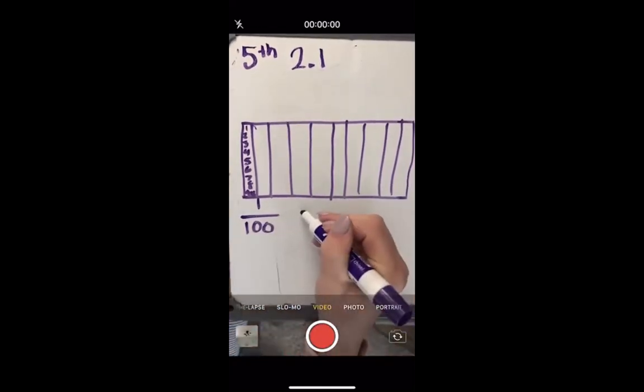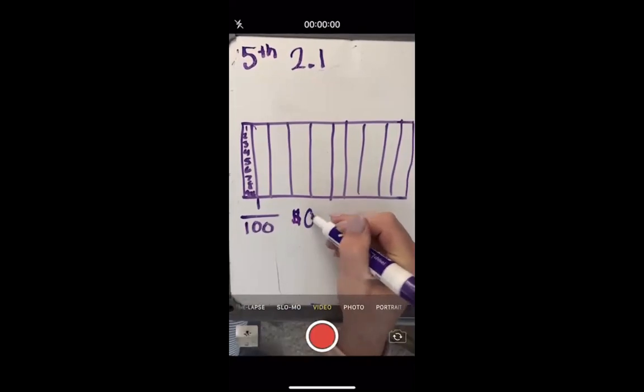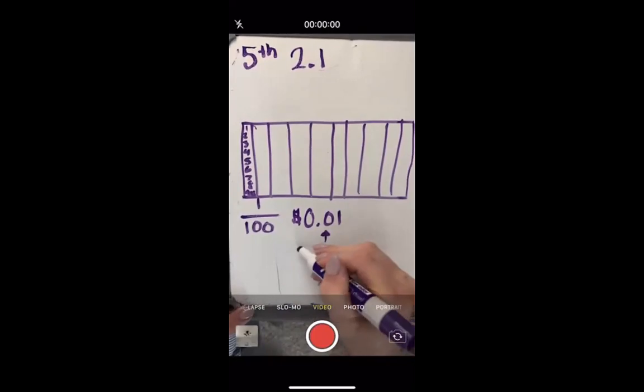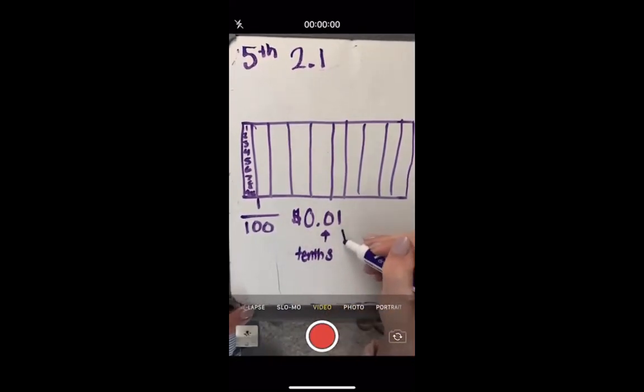I could write this as $0 and 1/100th. Do you see how our place value moved over? This was our 10ths place. And this here is our 100ths place.